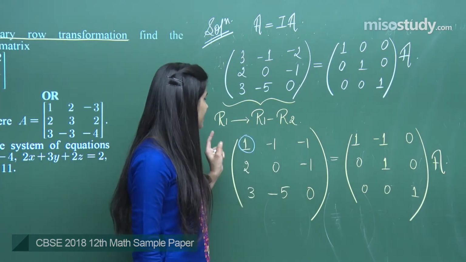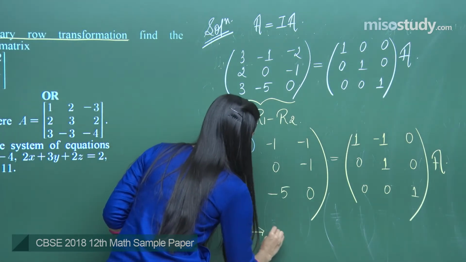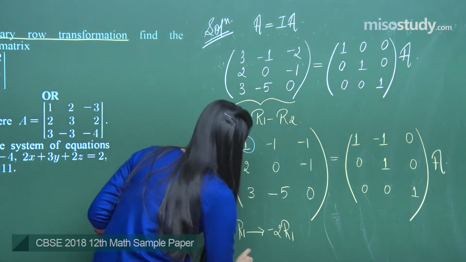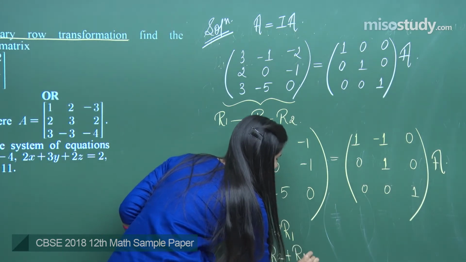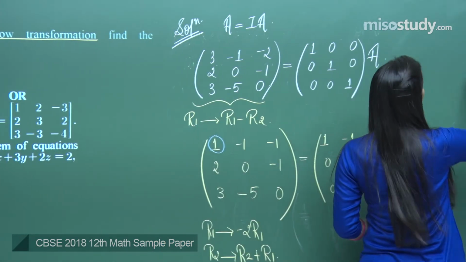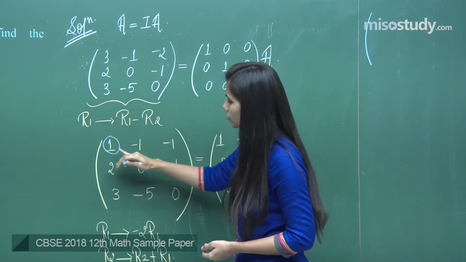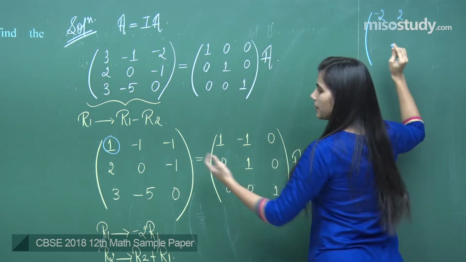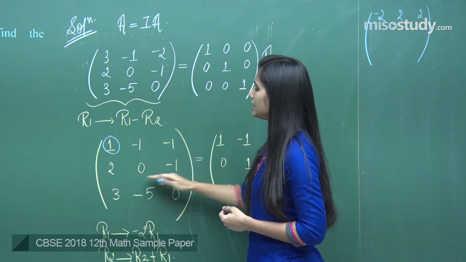So what I am going to do now is the operation that row 1 goes to minus 2 times row 1. Once this is done, next I am going to do row 2 goes to row 2 plus this new row 1. So row 1 goes to minus 2 times row 1: this becomes minus 2, this becomes 2, this becomes 2, isn't it? Then these remain exactly the same.